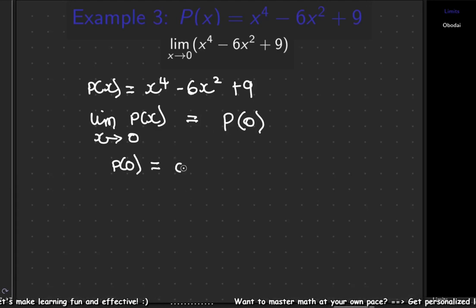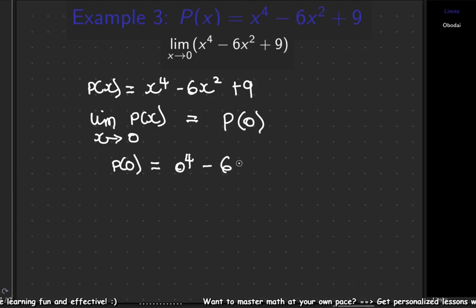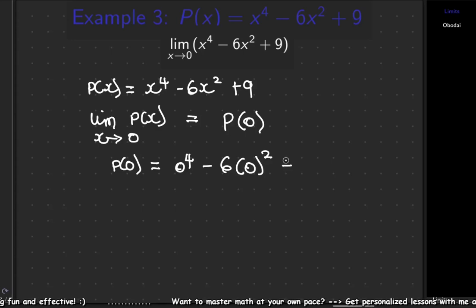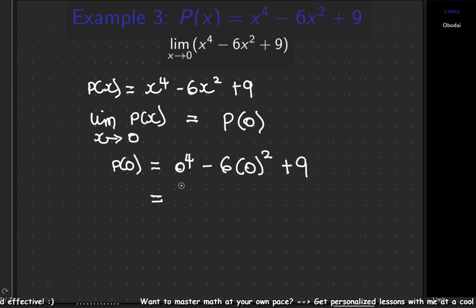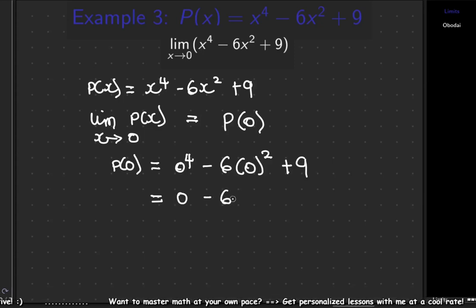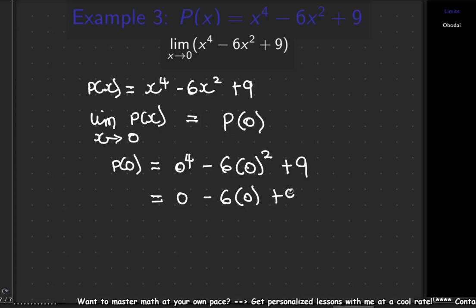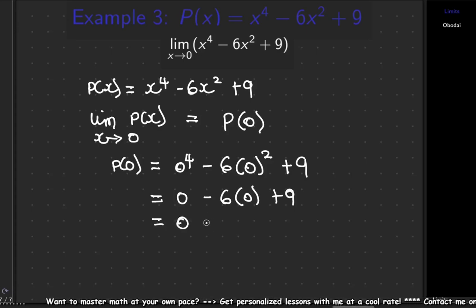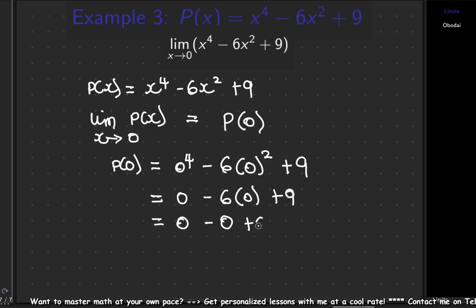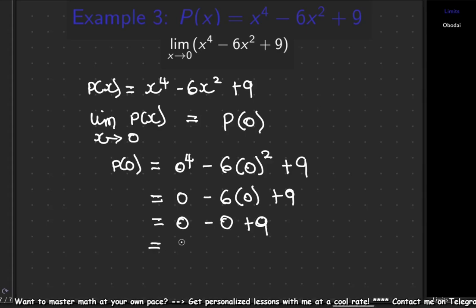So you have 0 to the power 4 from this here. Then minus 6 into bracket 0 squared. And then plus 9. Let's do our evaluation. 0 to the power 4 gives us 0. Minus 6 into bracket 0 to the power 2 still gives us 0. Then plus 9. So we have 0 minus 0 plus 9, which gives us what?